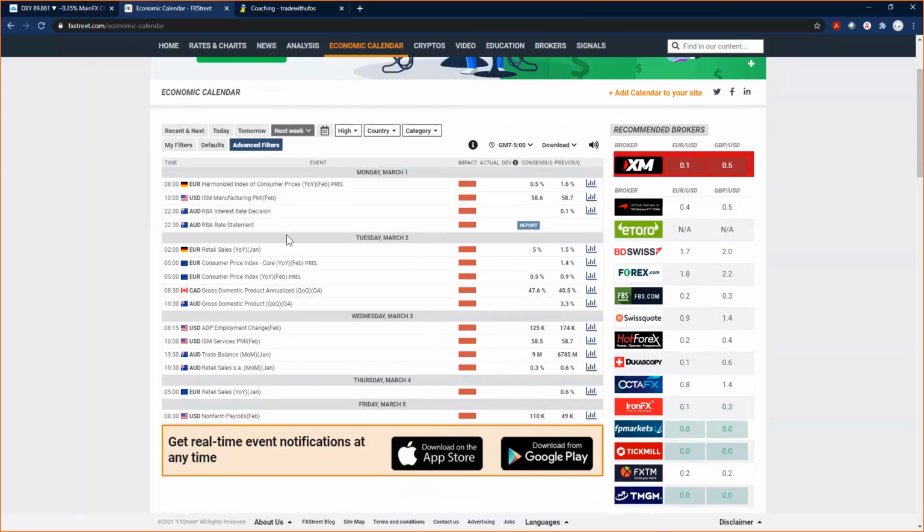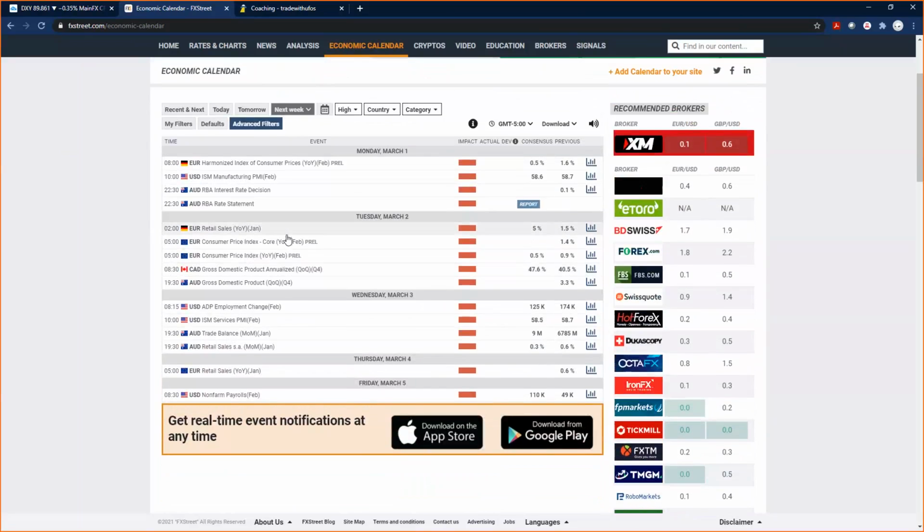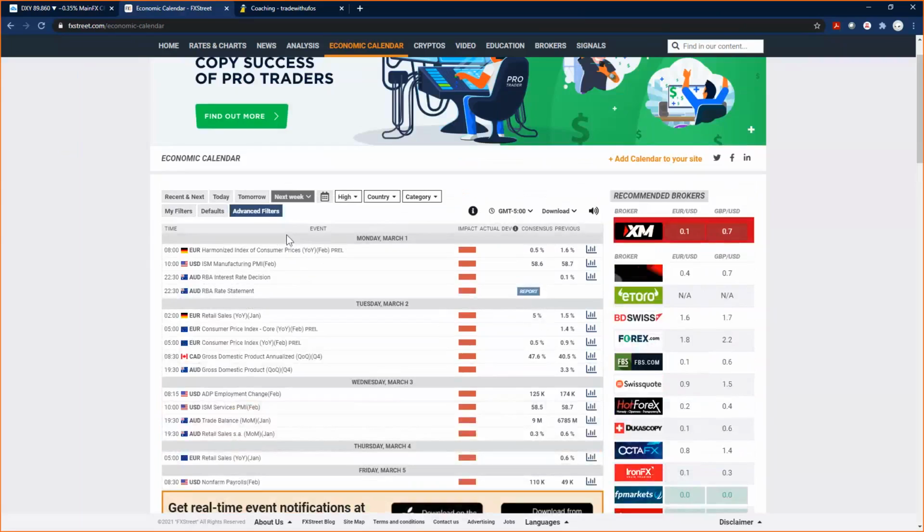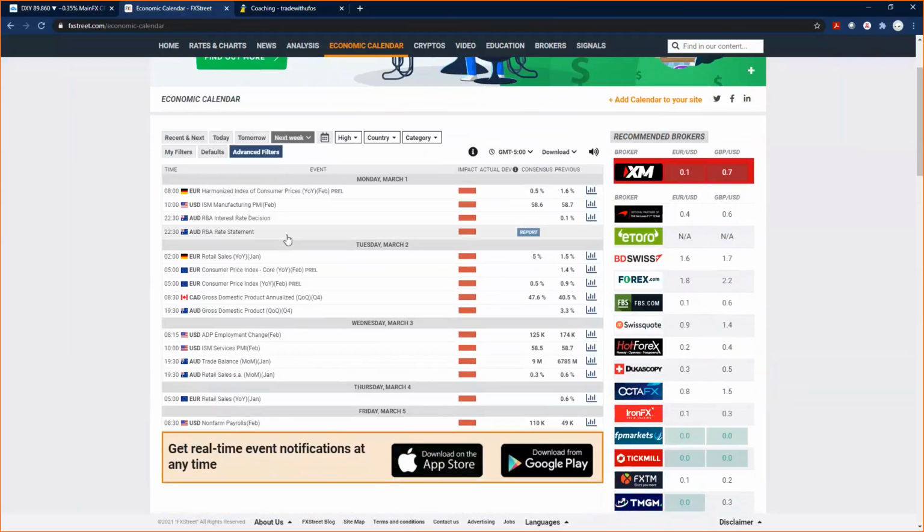One of the things we will be looking at is the Aussie dollar, because that has been super strong, along with New Zealand. Really, all the commodity currencies have been pretty strong. But as per normal, the first week of the month is going to be pretty heavy in terms of news.